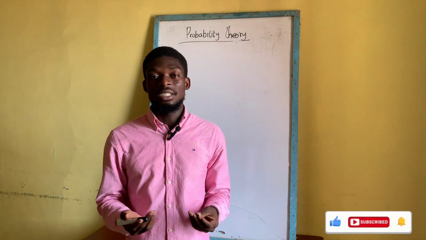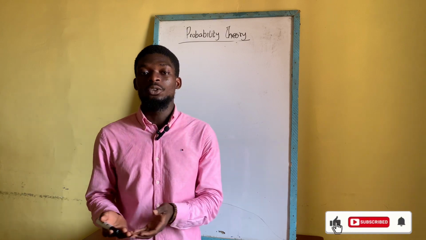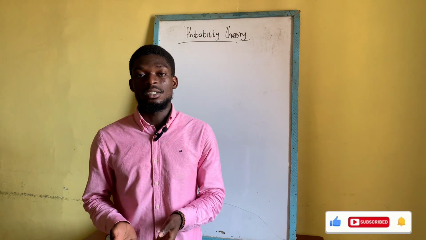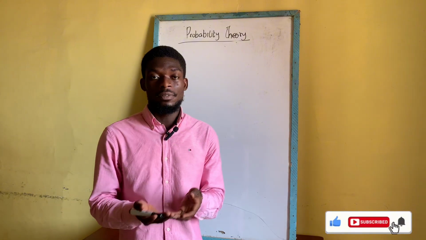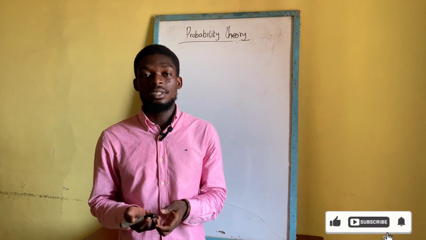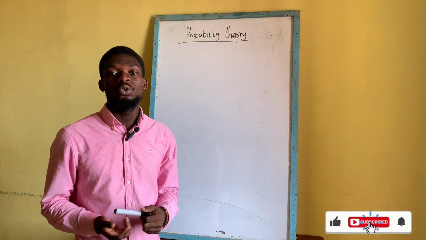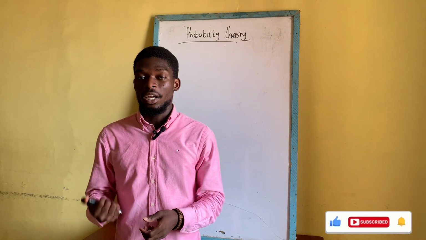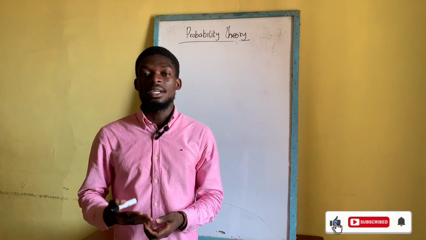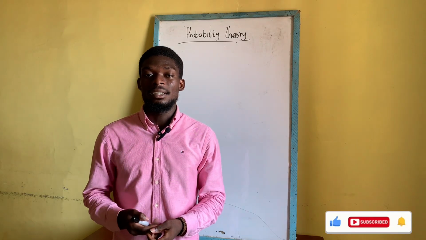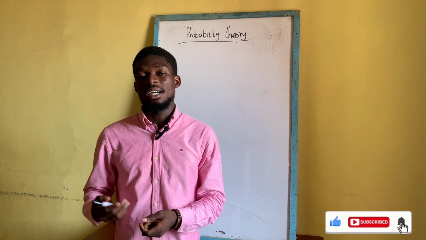This scenario leads us to a concept in mathematics, of which statistics to be specific, is probability theory. Probability theory is basically the likelihood of an event occurring, and it helps us to measure how certain or uncertain an event or an outcome may be.